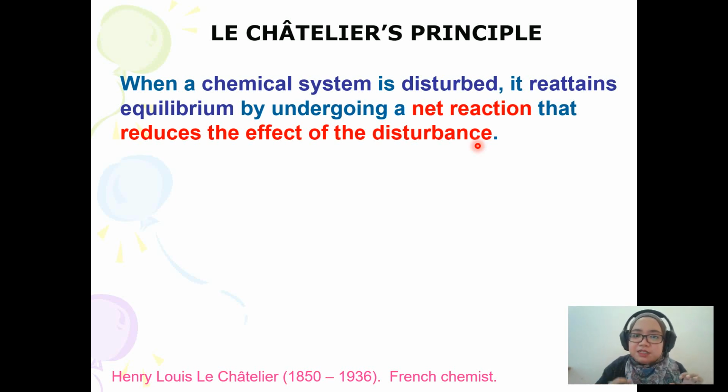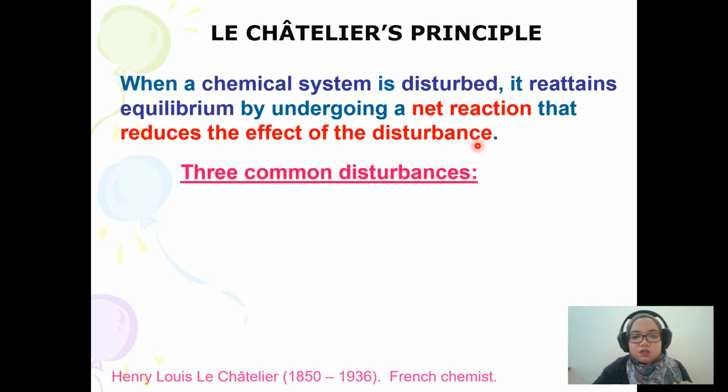So the chemical system will reattain the equilibrium. It wants to maintain the state of equilibrium by shifting the equilibrium position so as to reduce the effect of the disturbance.